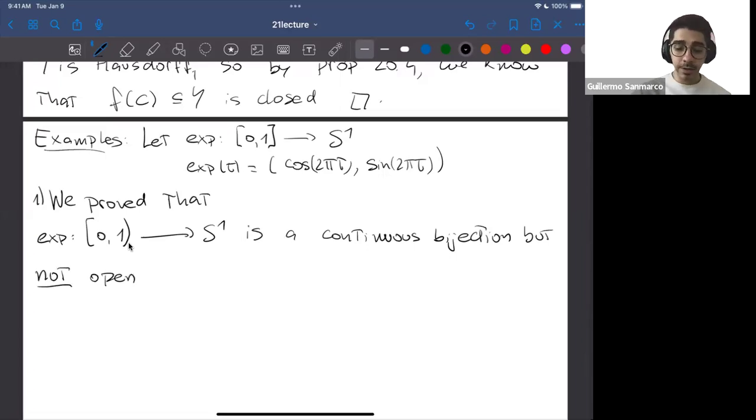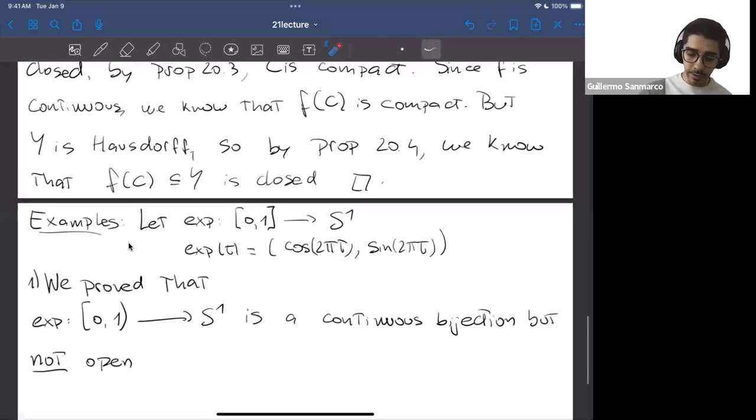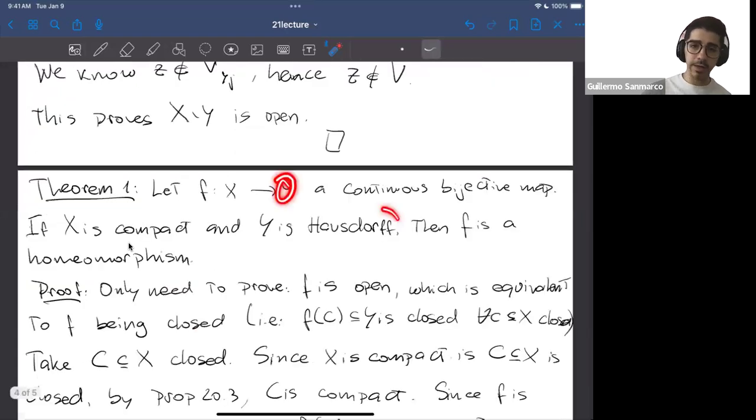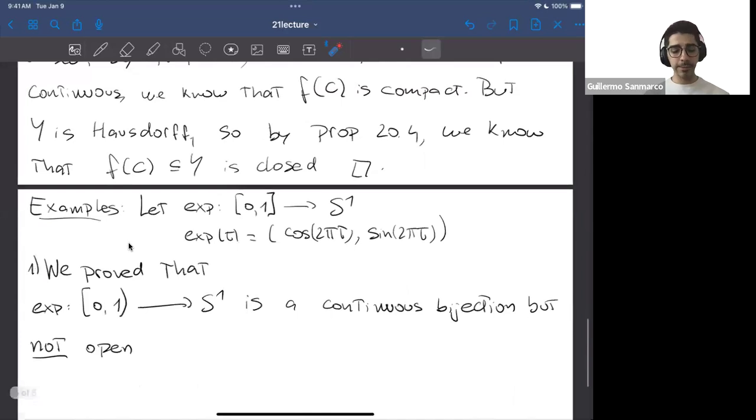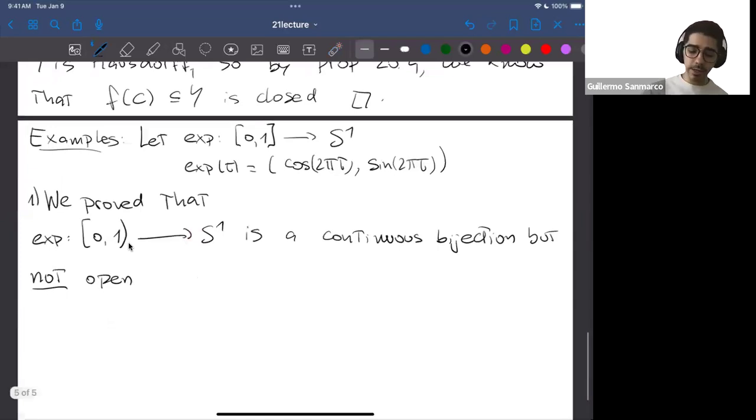And this is not contradicting our theorem because our y, S1, is Hausdorff, because it's inside R2, which is Hausdorff, but this guy is not compact. So it's a continuous bijection, but not open. That doesn't contradict the theorem.